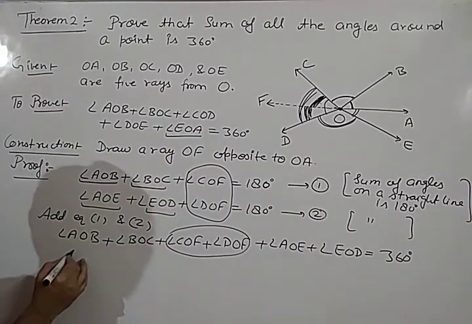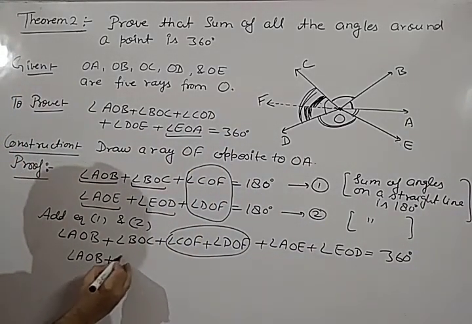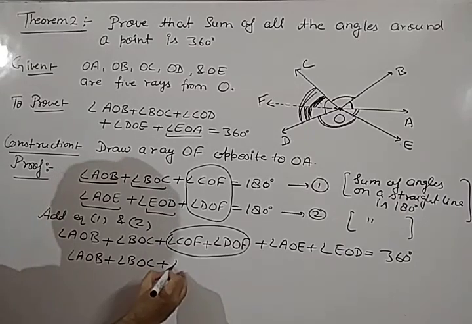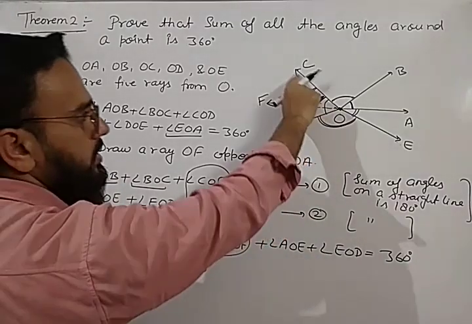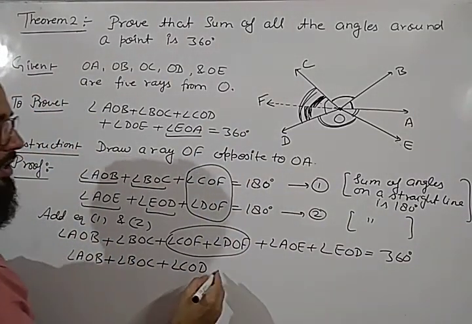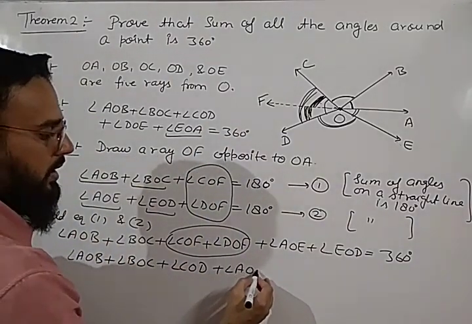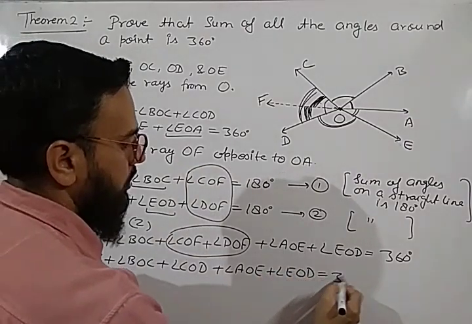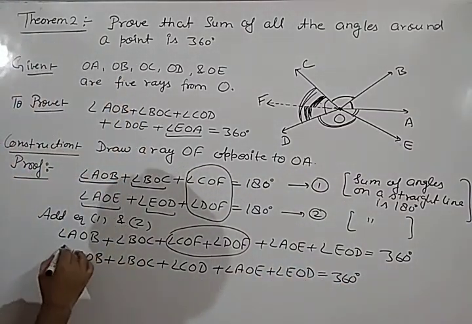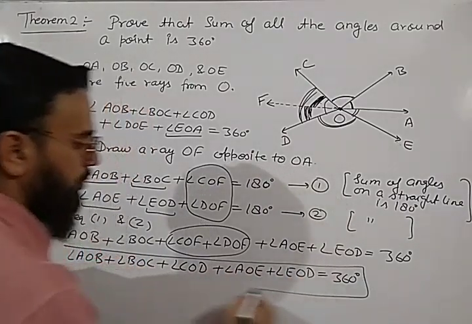So we are writing it here. We will get angle AOB plus angle BOC plus angle COD, because these two give the sum angle COD. So it is angle COD plus angle AOE plus angle EOD, which is equal to 360 degrees, and this is the statement which we have to prove.